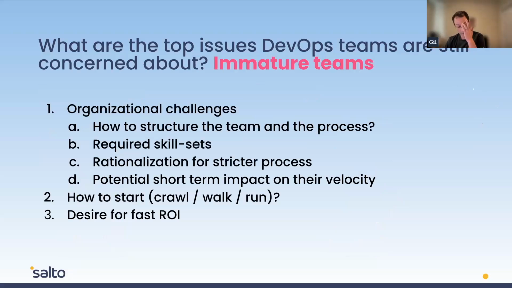Typically, the number one challenge that we see is an organizational challenge. It's not even about any technicality or how to actually implement the process. It's much more about how to structure the team and the process that the team should use.